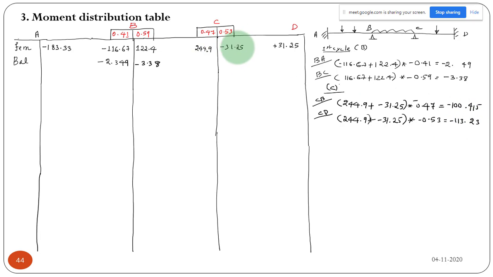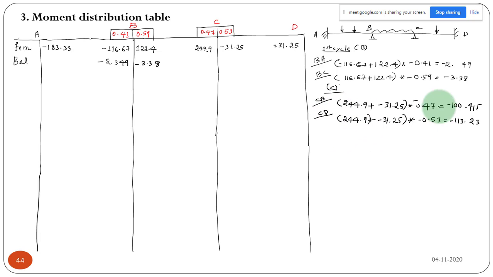Because here we had an unbalanced moment of approximately positive 210, you can see the distributed moments, 100 plus 113, come to approximately 210. It means you are applying the same moment as the unbalanced moment. 210 was the approximate value, 213 is coming, and the same here also, the unbalanced moment is around 6.